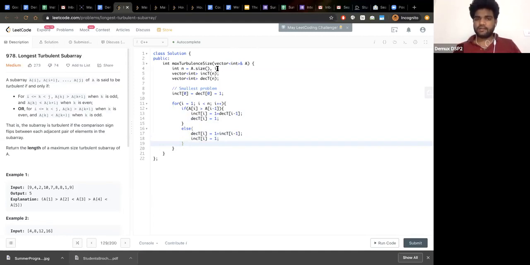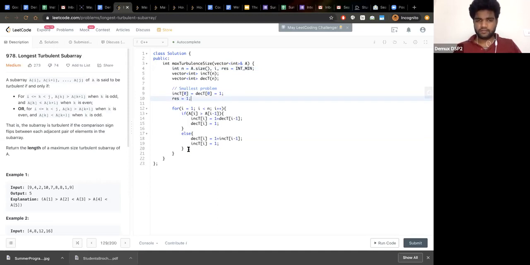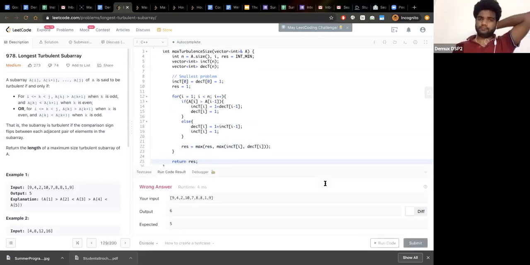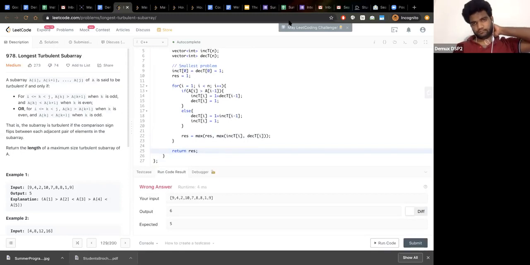And I will have a result which will be int min, let's say, and you have 1 here. You can just keep taking the maximum of both of them, right? So it could increase at i or it could decrease at i.